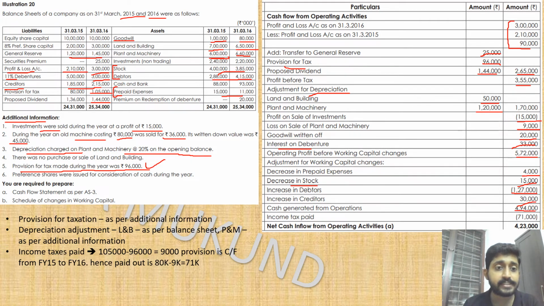Next, the income taxes paid. What are the income taxes paid? Here 80,000 is the provision for tax made in the last year, which will be paid in the current year. So 80,000 has to be paid this year, but this year we have made only 96,000 provision, while the provision in the balance sheet is 1,05,000, which means 1,05,000 minus 96,000, 9,000 of previous year taxes we have not yet paid.